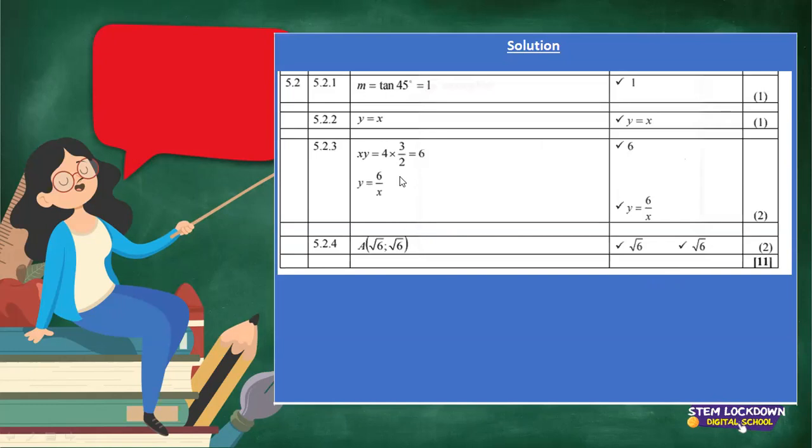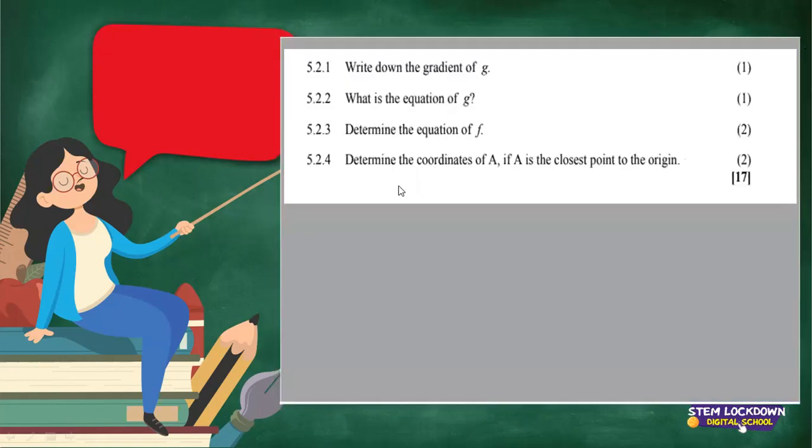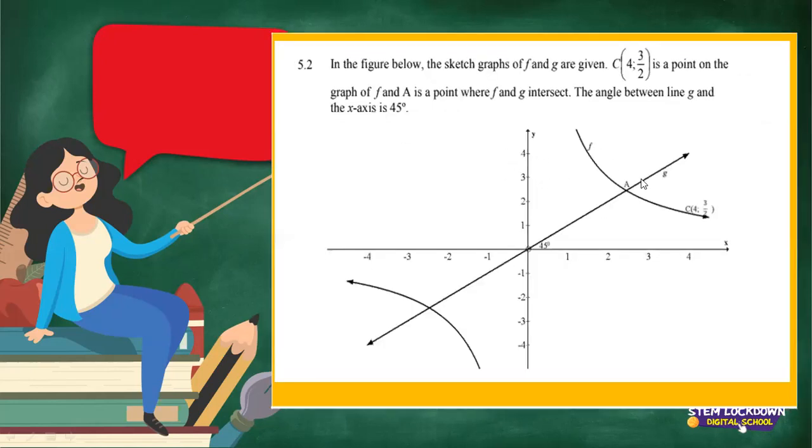So all you need to do is find the value of your a. Again, the equation of a hyperbola is y equals a over x. So you need to find your a. You use this point to find the value of a, and then put it in the equation.